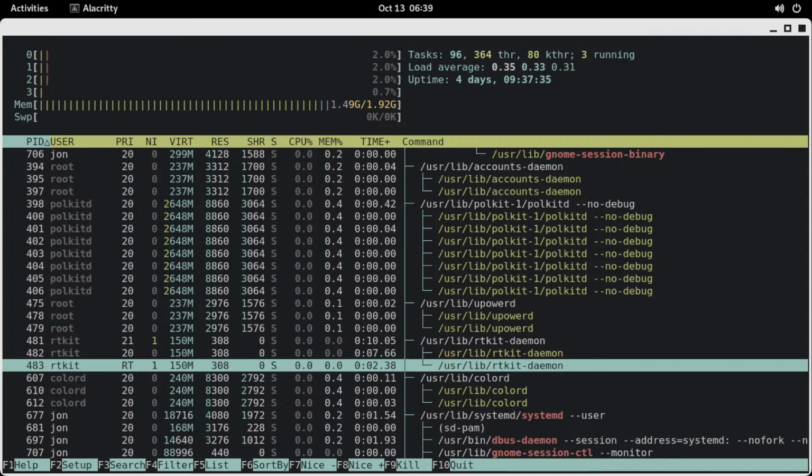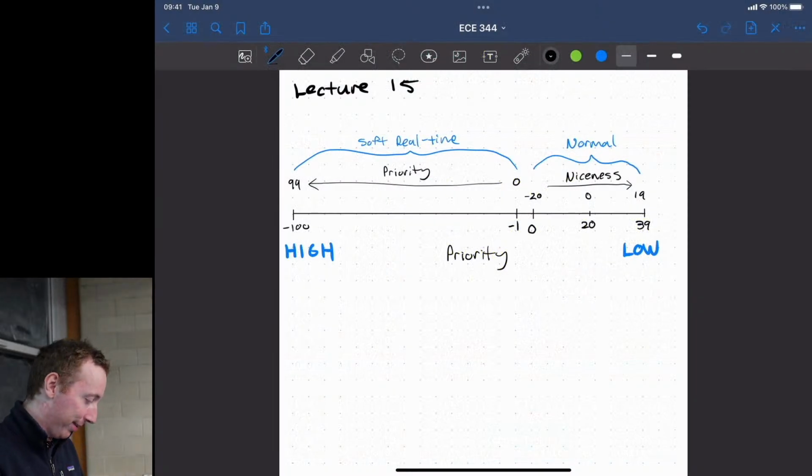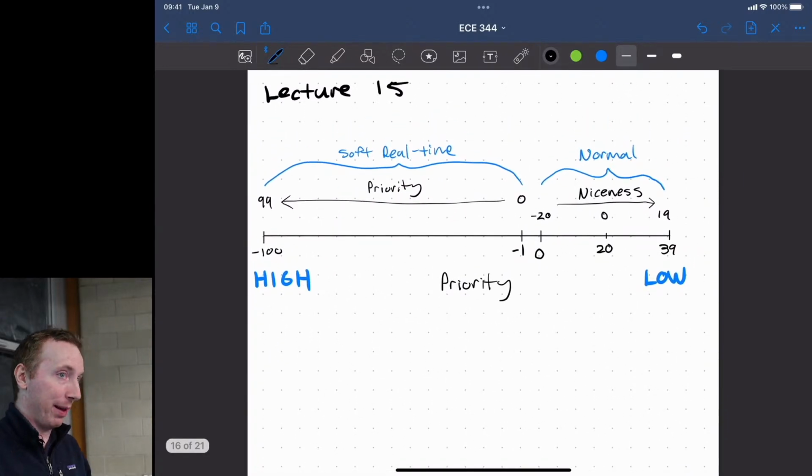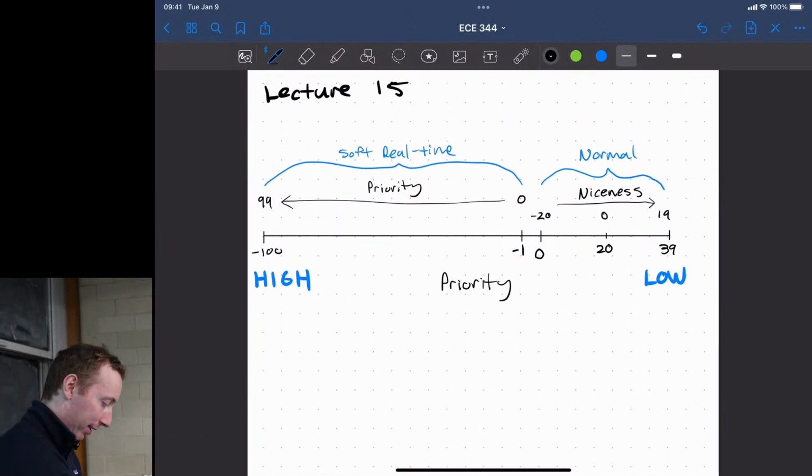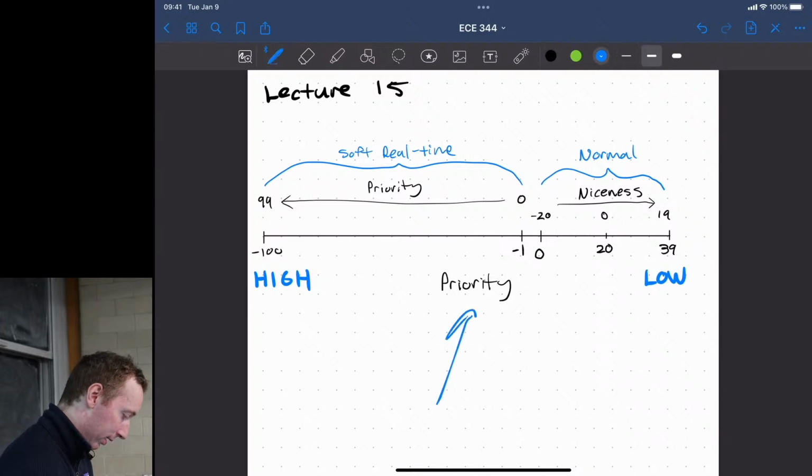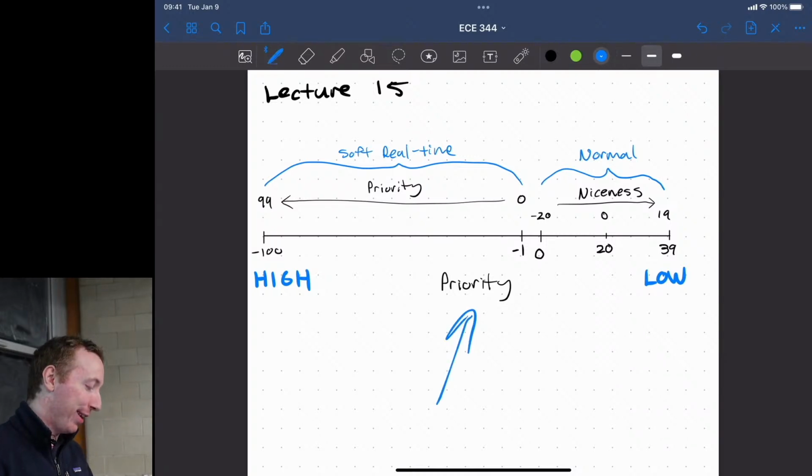So I'll just illustrate this. The PRI column is essentially this line on the bottom here. The priority line is essentially a way for the kernel to unify normal processes and soft real-time processes. It takes all the priorities from normal processes and soft real-time processes and places them on the same number line, where the lower the number, the higher the priority.